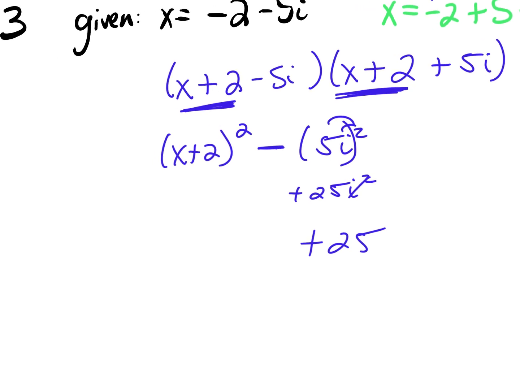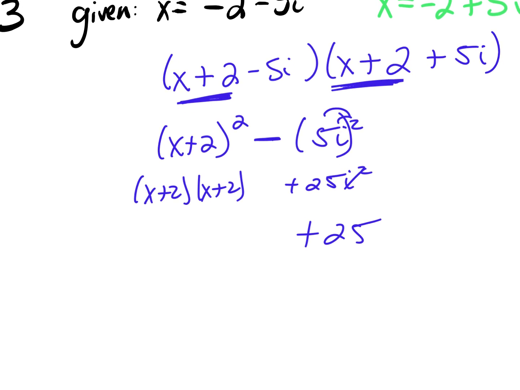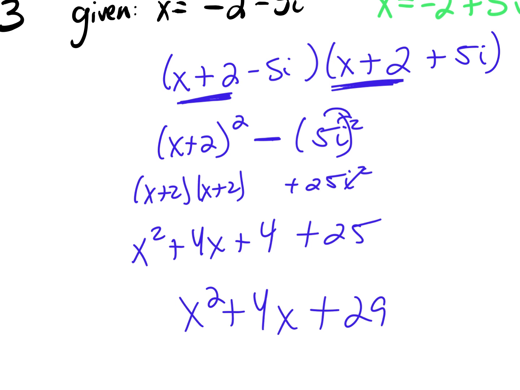So now if we FOIL this, x plus 2, x plus 2, x times x is x squared. X times 2 is 2x, and then 2 times x is 2x, so it's plus 4x. And then 2 times 2 is 4. So your polynomial is x squared plus 4x plus 29.